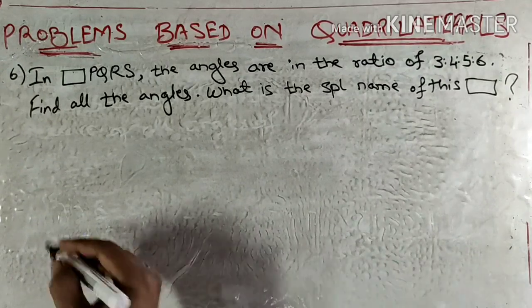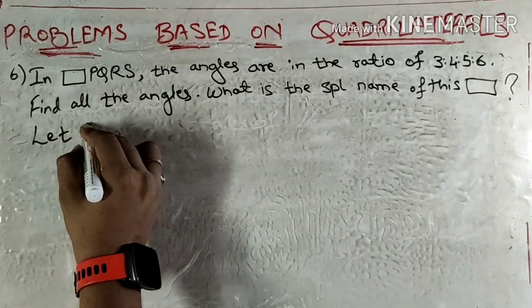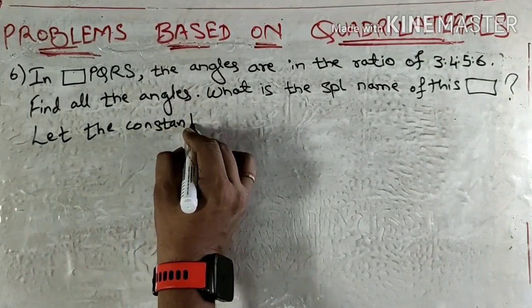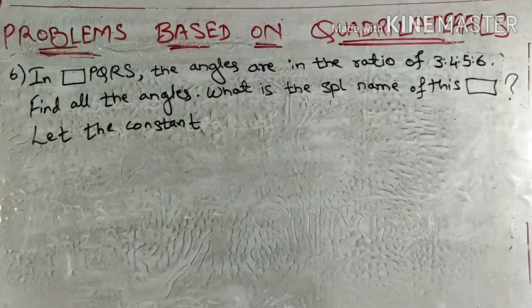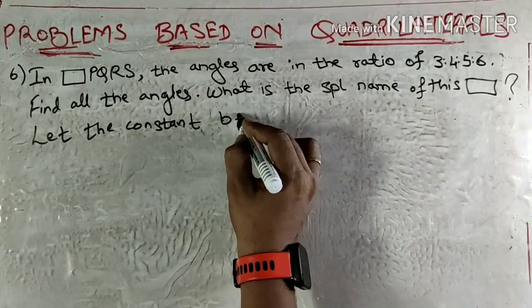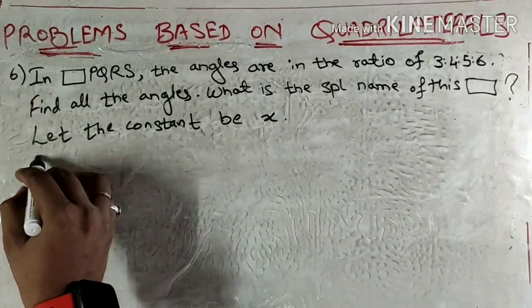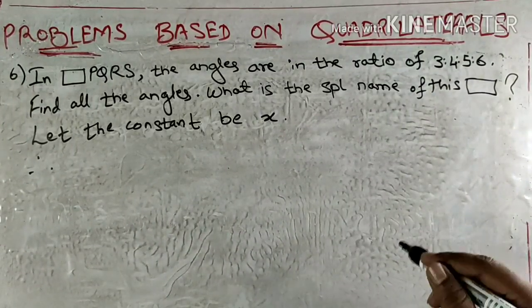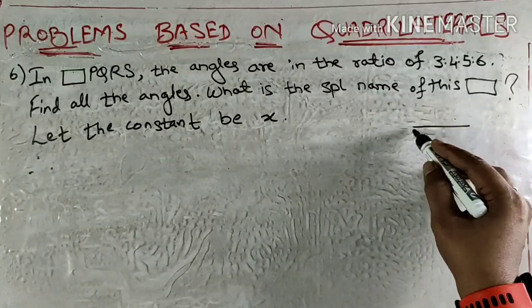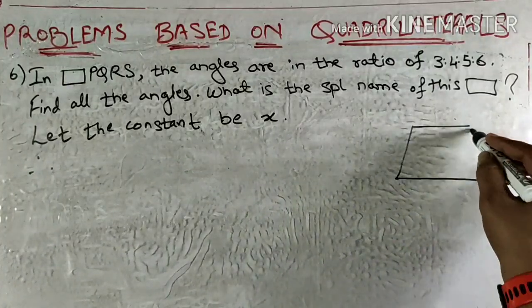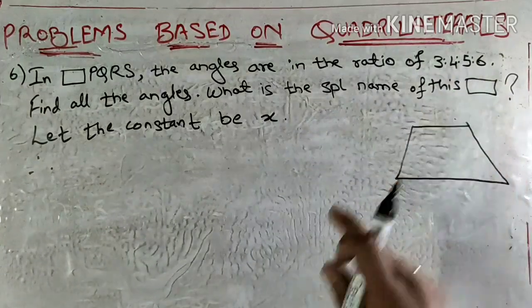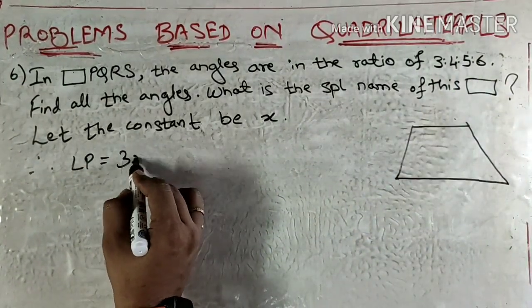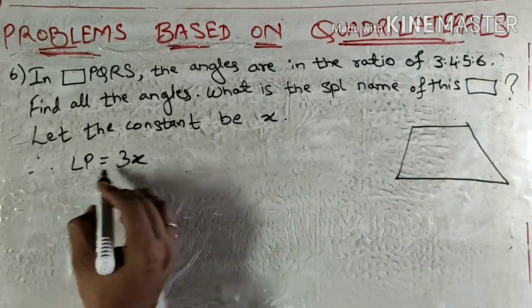So let's assume that the constant be x. Therefore the angles, but before that we need to first draw a rough diagram. So the first ratio, let angle P be 3x, the ratio multiplied by the constant.